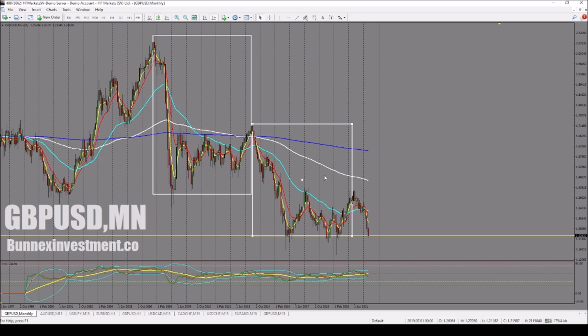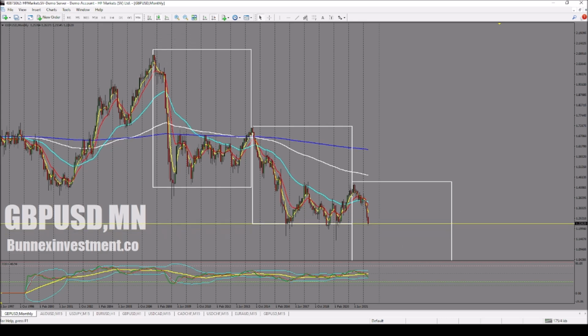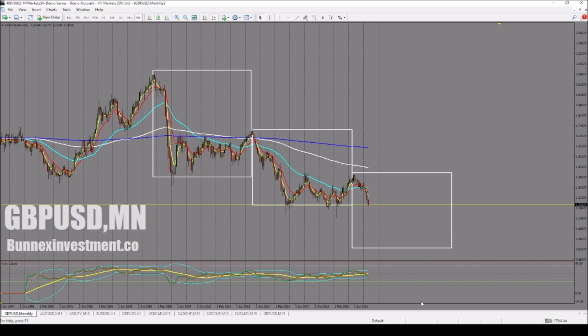Seeing this on the higher time frame, we may say this pair is going to give us another drop. So this is what I will be anticipating, to see the market coming back down to these levels.